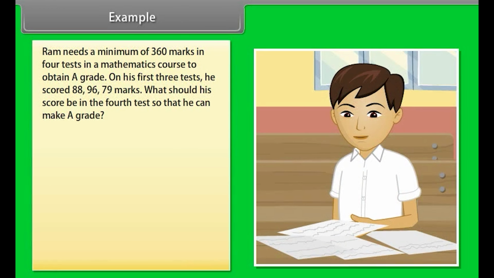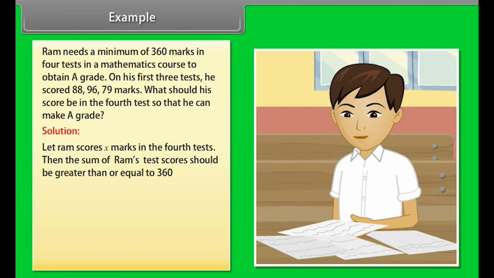Example. Ram needs a minimum of 360 marks in 4 tests in a mathematics course to obtain A grade. On his first 3 tests, he scored 88, 96, 79 marks. What should his score be in the 4th test so that he can make A grade? Solution: let Ram score x marks in the 4th test. Then the sum of Ram's test scores should be greater than or equal to 360.